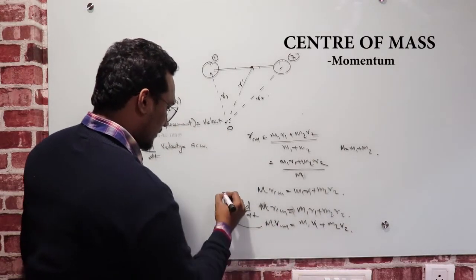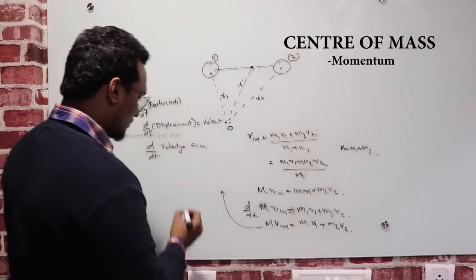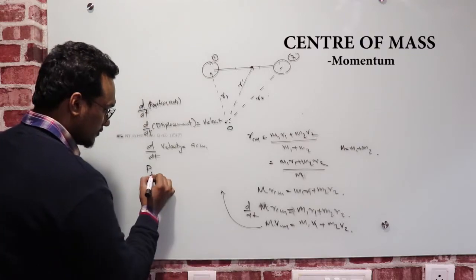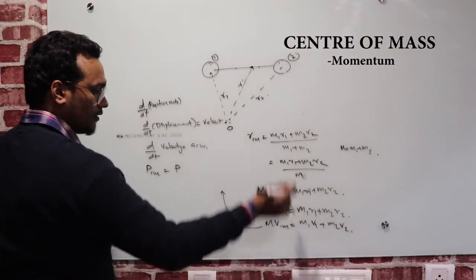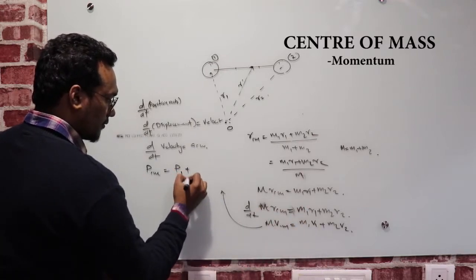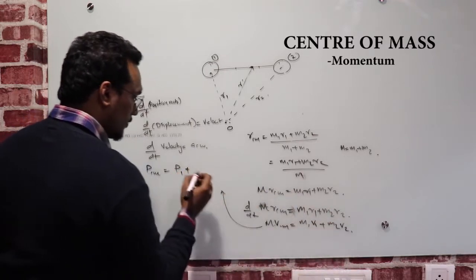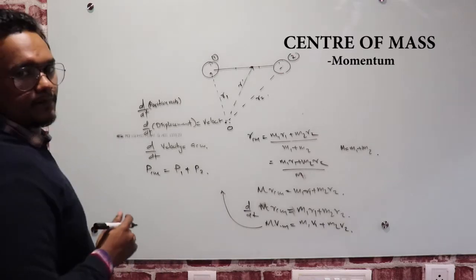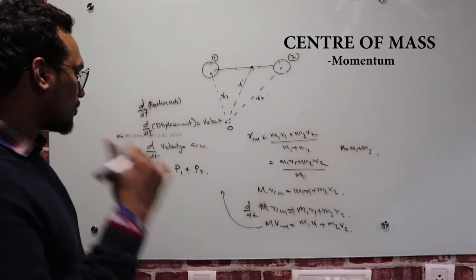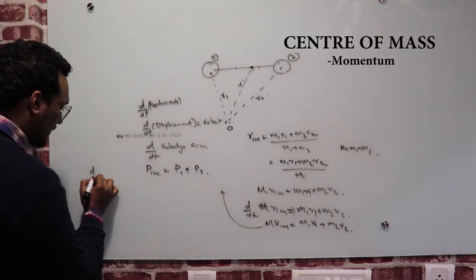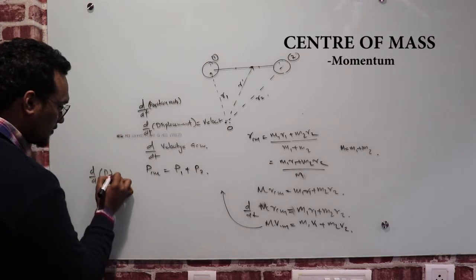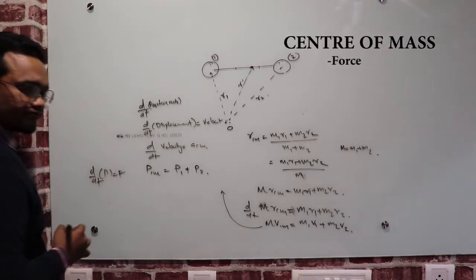So I can rewrite it as m into vcm, which is the momentum of center of mass, is equal to m1 into v1, the momentum of first body, plus m2 into v2, the momentum of second body. And we also know the equation that d by dt of momentum is equal to force.